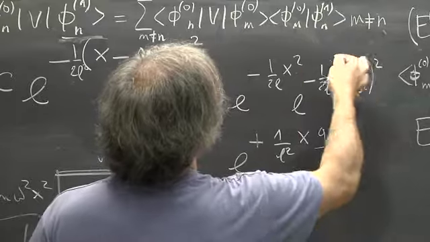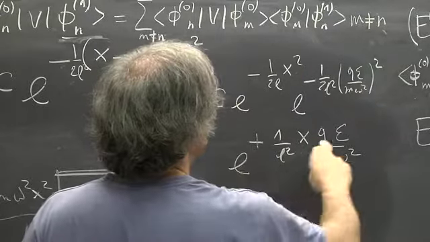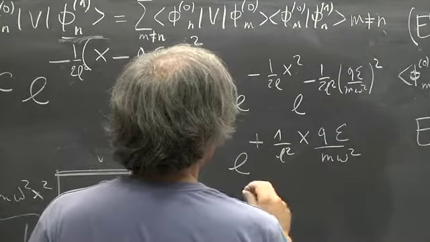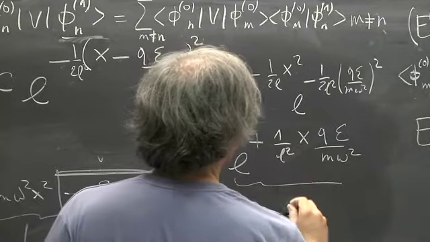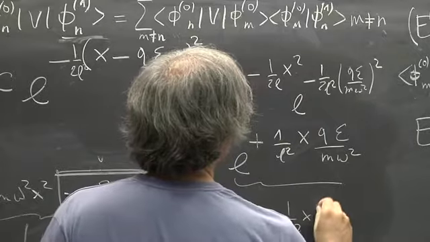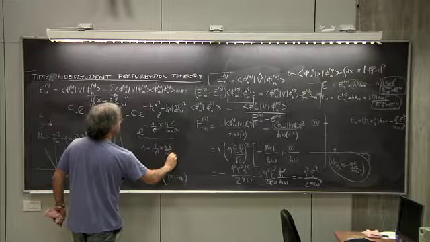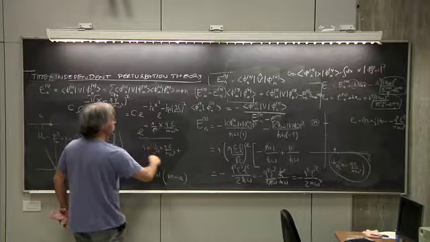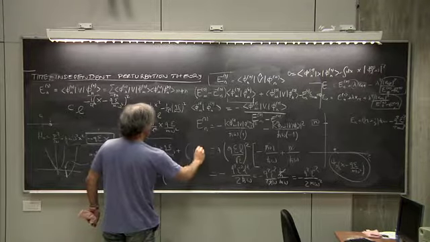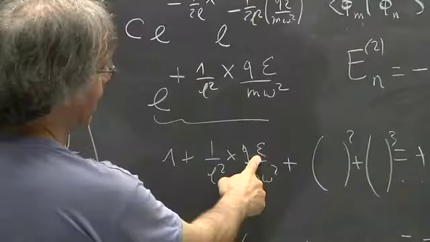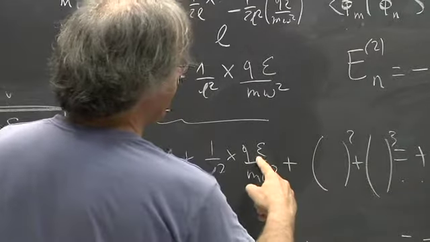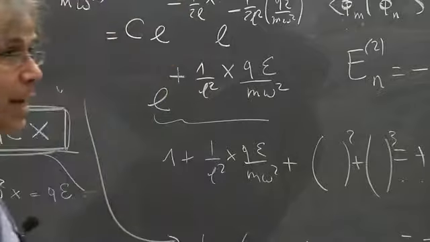Now I can expand. Forget about this, this is just a coefficient in front. I can expand this, and I get 1 plus (1 over L²) x qε over mω², plus the square of this, plus the cube, and so on and so forth. So you see this is order epsilon, order square of the electric field, cube, and so on. Okay?